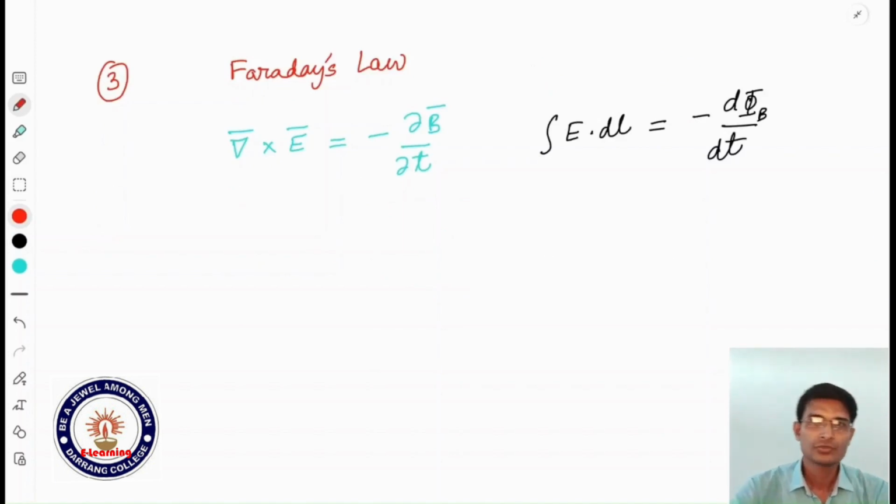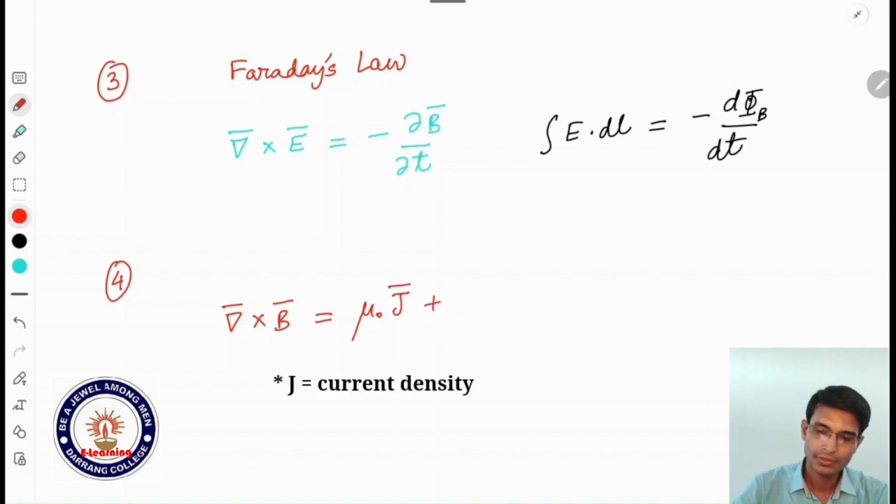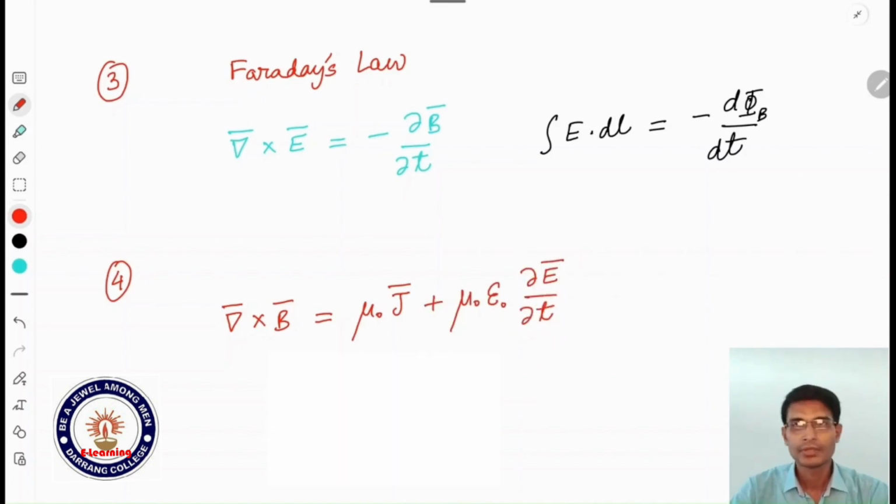The fourth Maxwell's equation is a corrected form of Ampere's law, which was written by Maxwell as del cross B is equal to mu naught J plus mu naught epsilon naught del E del t.